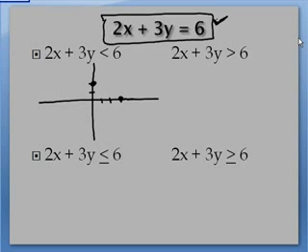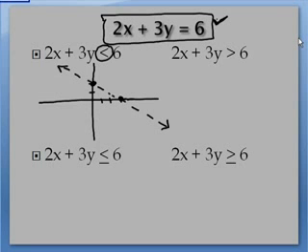Before we draw the line though, we have to take a close look at the inequality sign. This says we don't want it equal to, we want it less than. So that means our line when we draw it is going to be a dashed line. And then we have to shade one of the regions, either below the line or above the line.